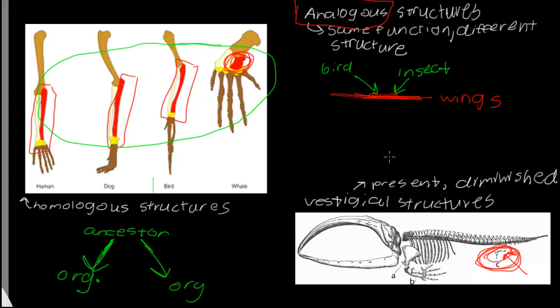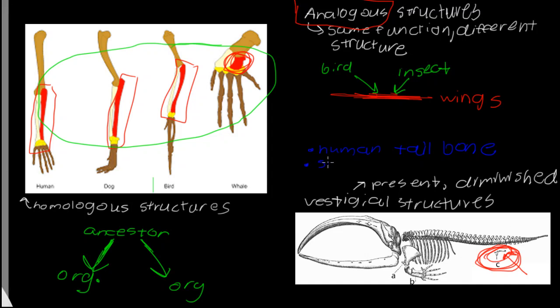So we have multiple examples of vestigial structures. Let me list some of them here. So you got the human tailbone. We don't use this, but we still have it, and it's diminished in size and function from one of our ancestors.